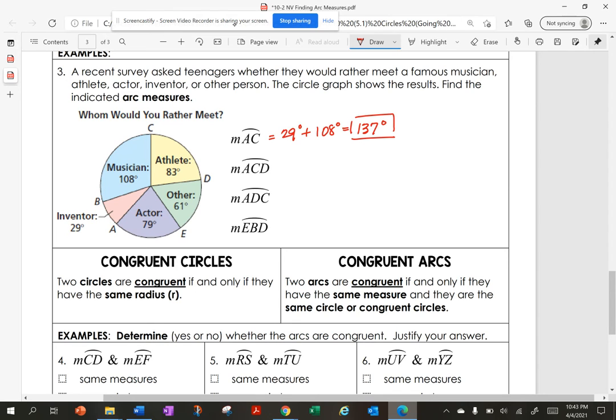What about the measure of arc ACD? So ACD. I'm going to add all these up. So 29 degrees plus 108 plus 83 degrees. This turns out to be 220 degrees.